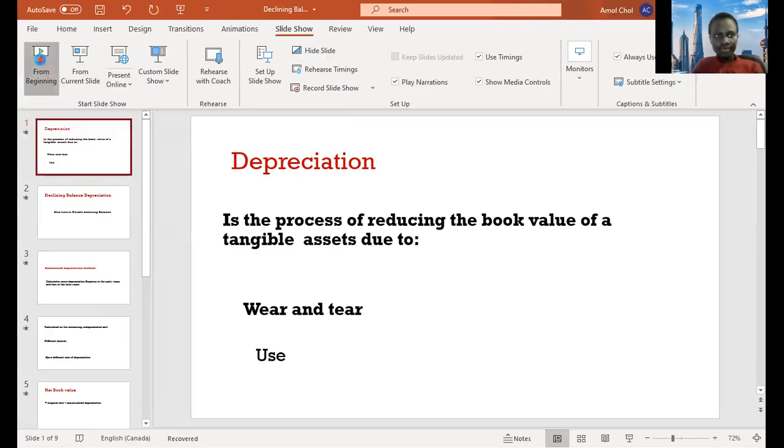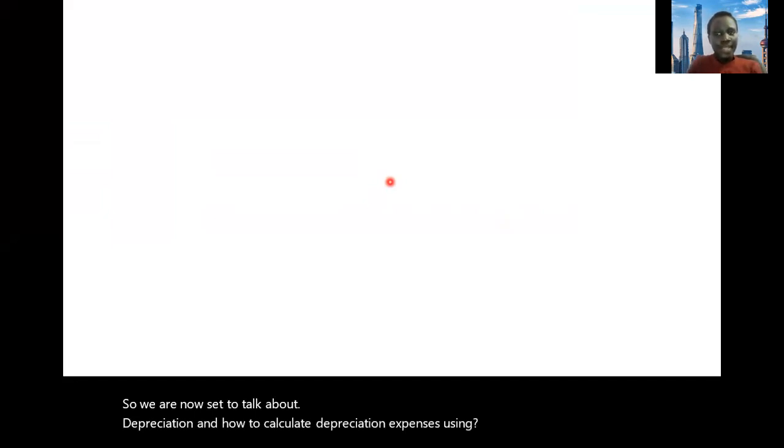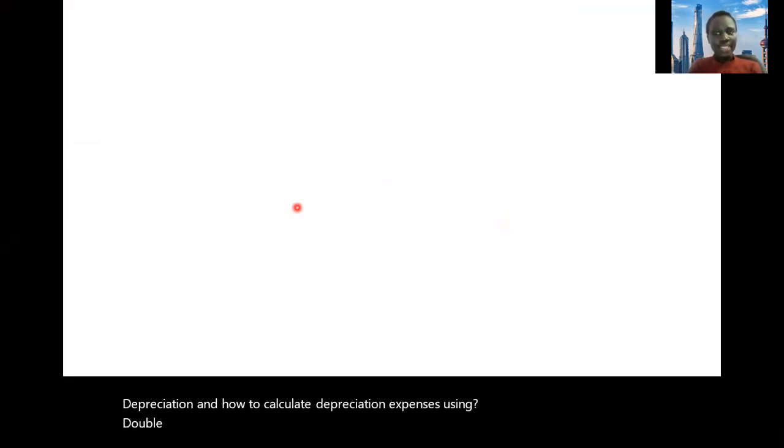It's also called double declining balance, and it's also called accelerated balance. So we are now set to talk about depreciation and how to calculate depreciation expenses using double declining balance.